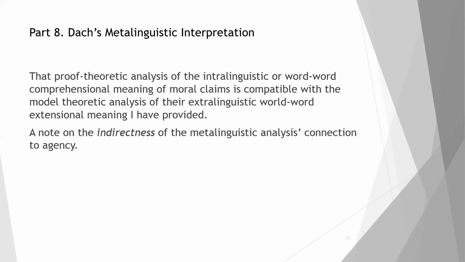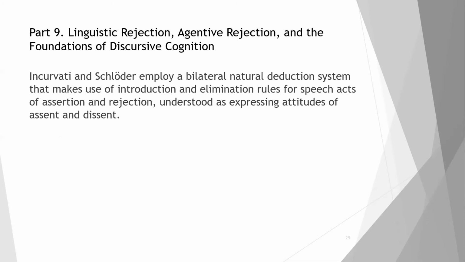If I had more time, I'd talk about the indirectness of the metalinguistic account. Something similar is true of the account that's given by Ingrid Schloeder. And I think that if you look at bilateral semantics, there's a way of seeing the way bilateral semantics reduces logically complex sentences to complexes of attitudes of assertion and denial in a way that suggests there's an additional interposition between Tomasello's collective intentionality and human cognition.